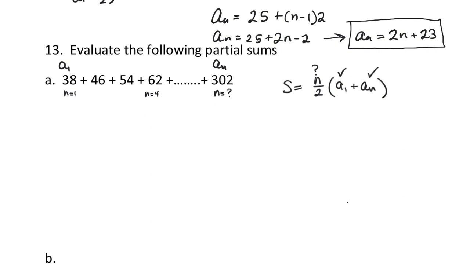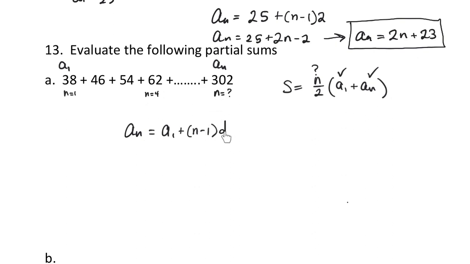So if we go back to something we know, like the nth term formula for an arithmetic sequence, which is the first term plus n minus 1 times the common difference. We know the common difference is 8. And if we plug 302 in for a sub n and solve for n, that's going to tell us which term of the sequence this is.